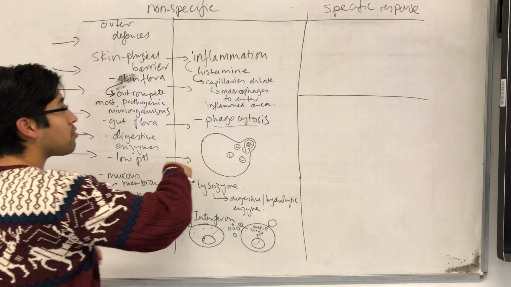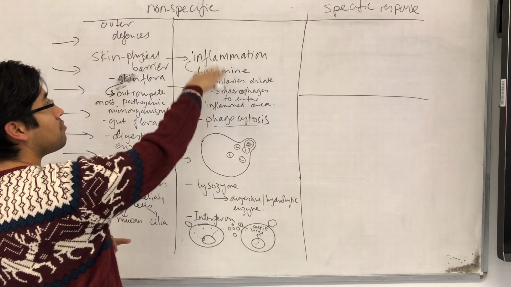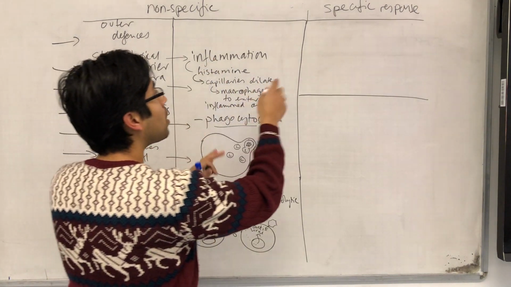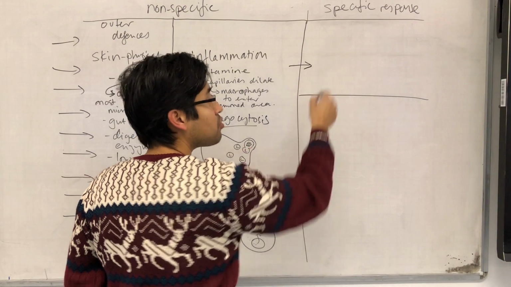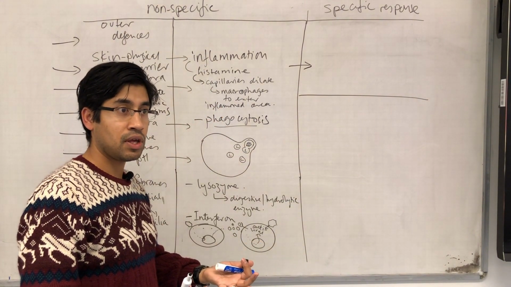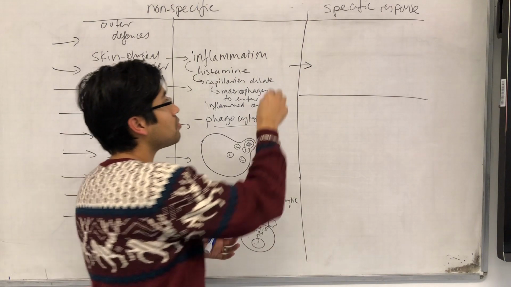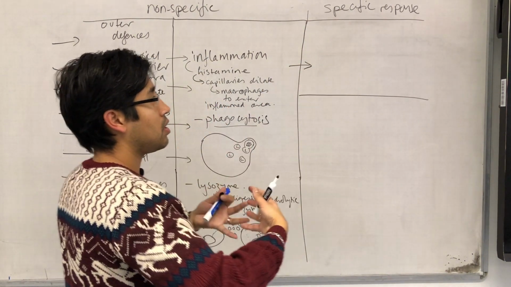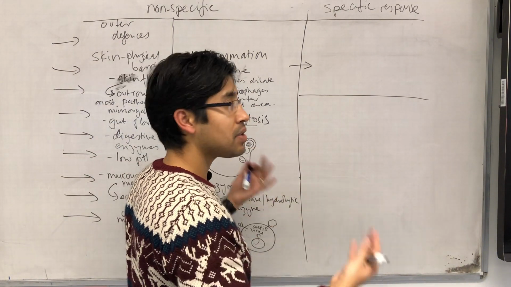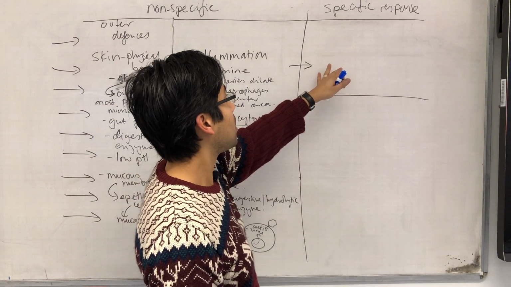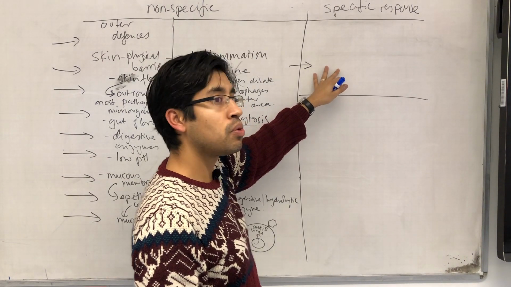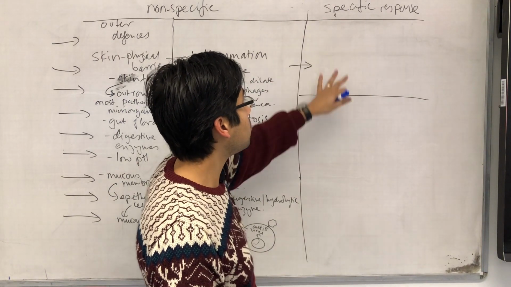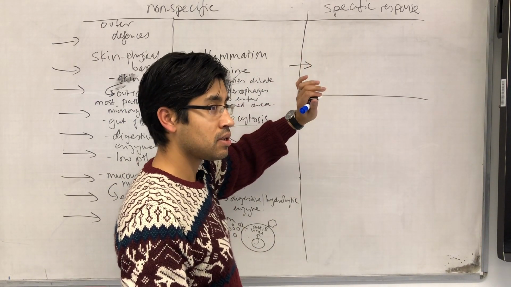Of those that do get through, they are dealt with in a still non-specific way within the body by these mechanisms, but still one thing may get through, and that is when you need your specific immune response. Because once this thing is infecting cells and has an opportunity to replicate itself and cause further infection, then it may start to cause organ failure, leading to death. So we must remove the pathogen from this situation.